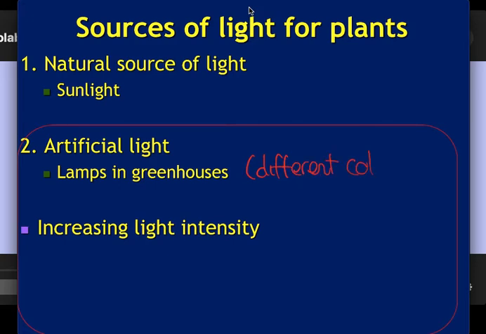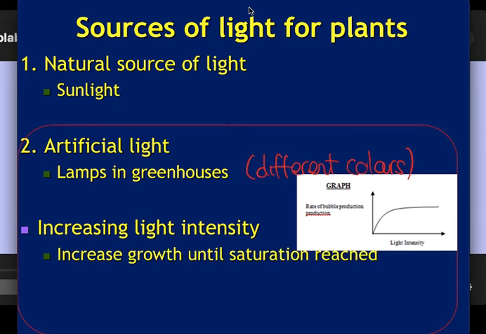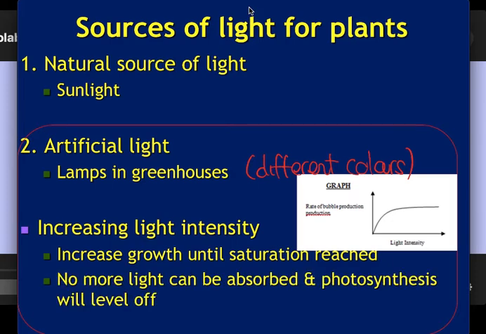So we've said it'll be the reds, the oranges, possibly the blues, the violets, but they'll use different colors to make sure that you are getting maximum growth. They can only go so far, because once you reach saturation, it doesn't matter what you do after that.